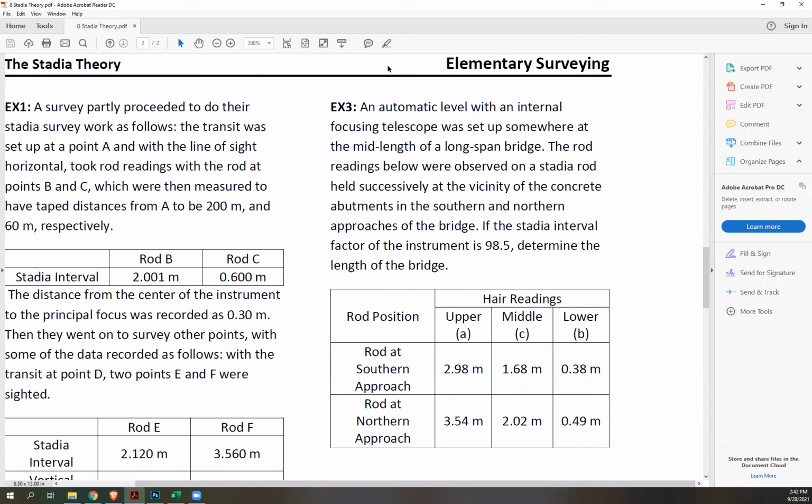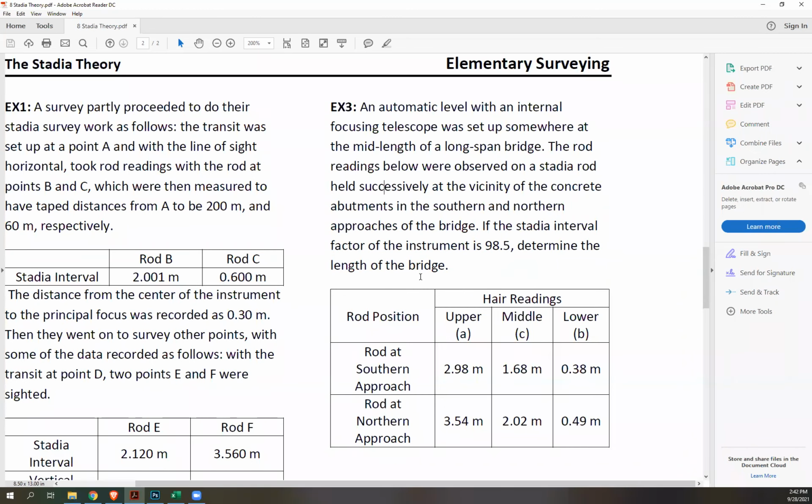Okay, I'll check that later. Bring this up again at the end of the meeting. I'm gonna discuss first. The rod readings below were observed on a Stadia rod held successively at the vicinity of the concrete abutments in the southern and northern approaches of the bridge. If the Stadia interval factor of the instrument is 98.5, determine the length of the bridge.